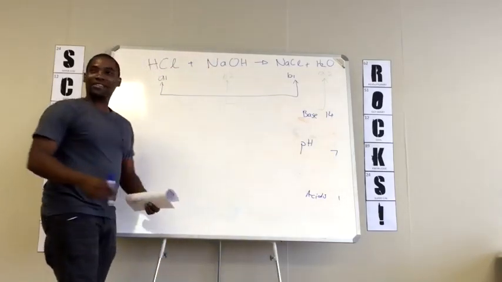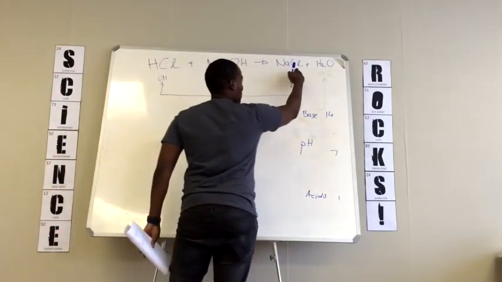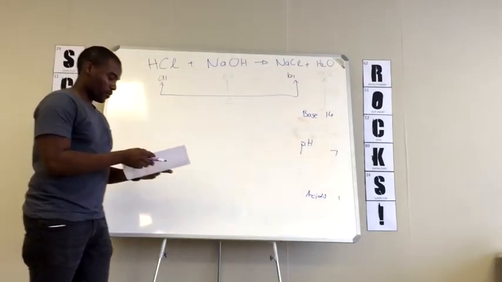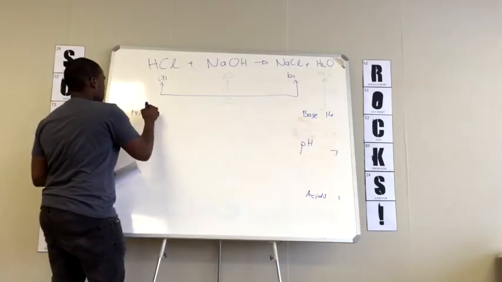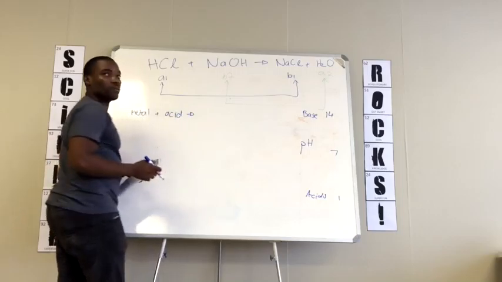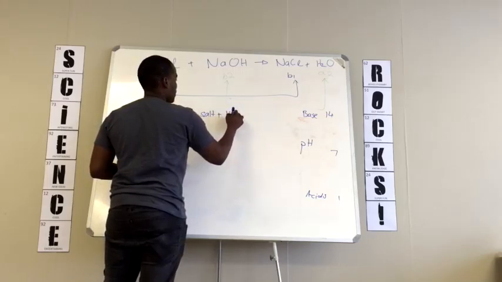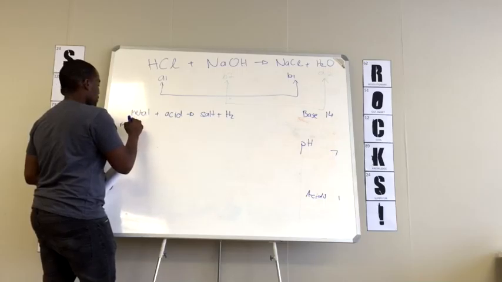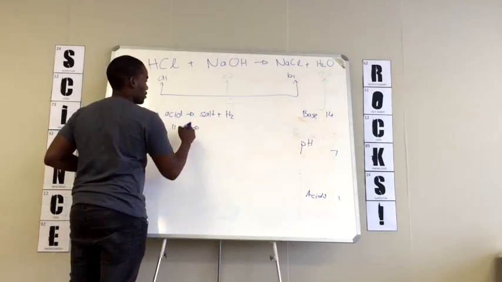I was saying acid and base reactions. The main one is an acid plus a base will give us salt and water. Who can name one more? If we have an active metal plus an acid, what do we get? Salt and hydrogen. If we have a metal oxide plus an acid, what do we get?